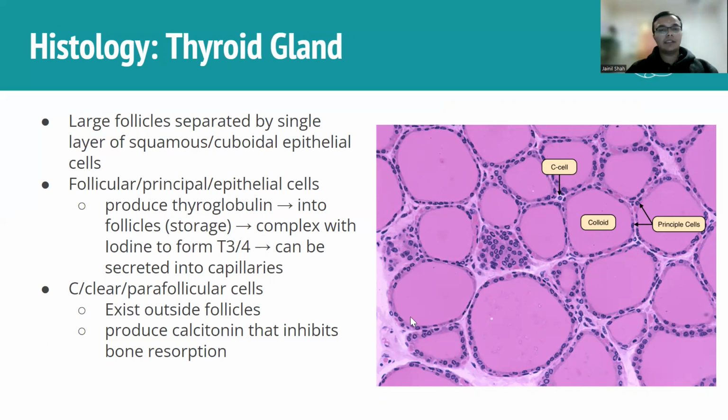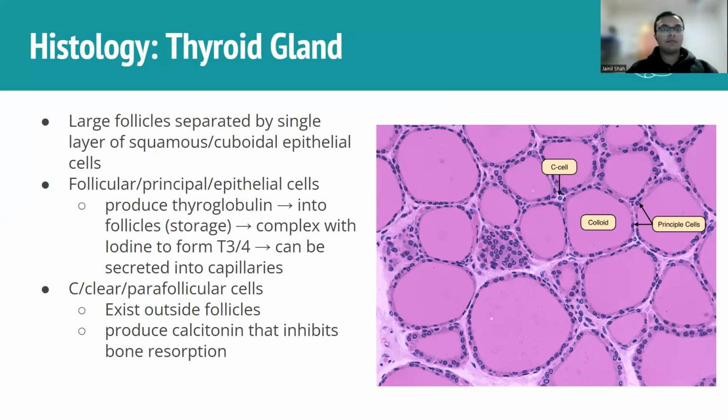So what happens is that thyroglobulin bound to the iodine is then kept inside either the follicle or the epithelial cells. And then when it comes time to release it, the T3 and T4 is cleaved off and secreted into systemic circulation to affect all of the cells in the body and produce effects like increasing basal metabolic rate.